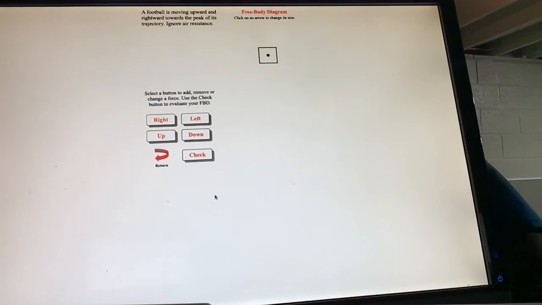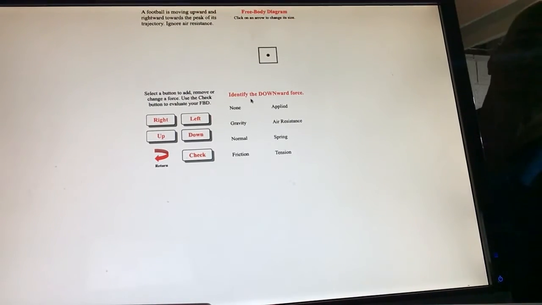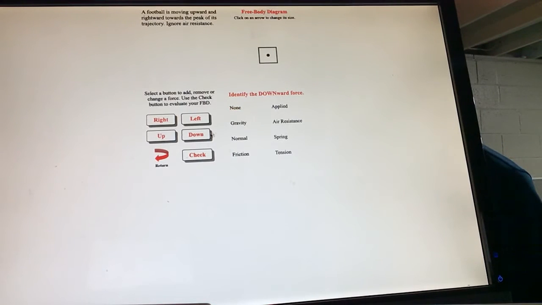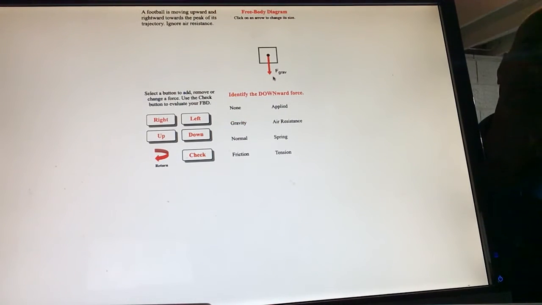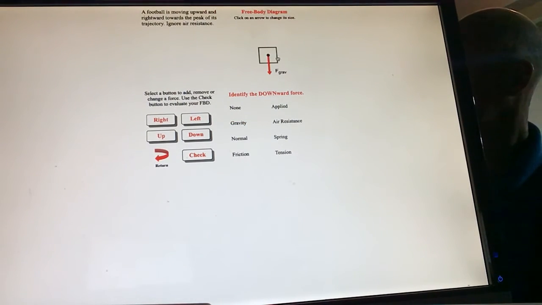The football is moving upward and rightward toward the peak of its trajectory. Ignore air resistance. Okay, so here's your diagram. Hit the down, and here are your choices. Down means a down arrow, up arrow, right arrow, left arrow. The down arrow is always going to be gravity, so they put F grav here on the football.